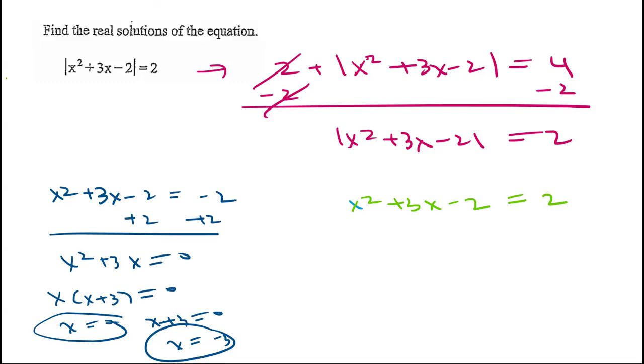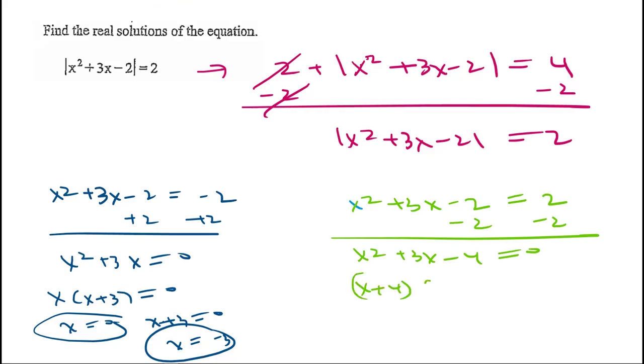Okay. So in this case, I need to get it equal to 0. So I'm going to subtract 2 here. So that gives me x squared plus 3x minus 4 equals 0. Okay. Then I factor that. So that's going to be x plus 4 and then x minus 1 equals 0.